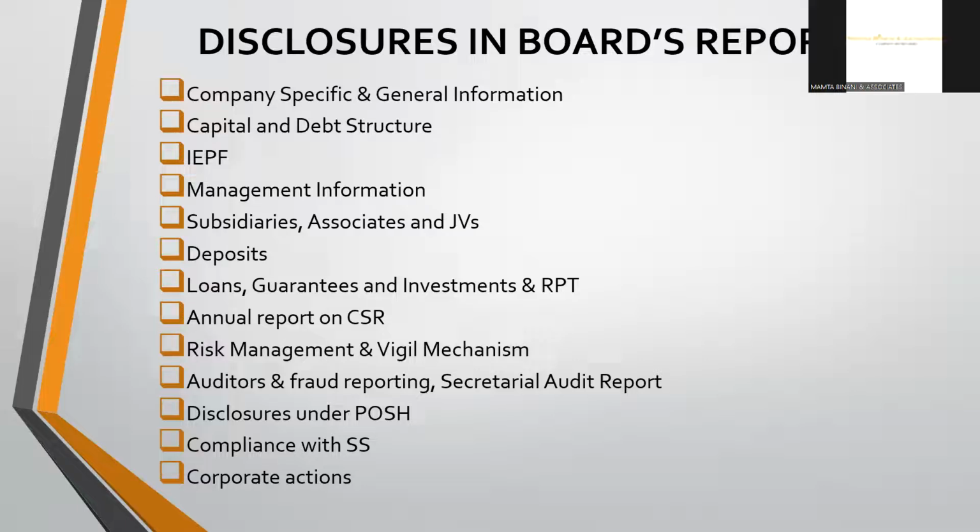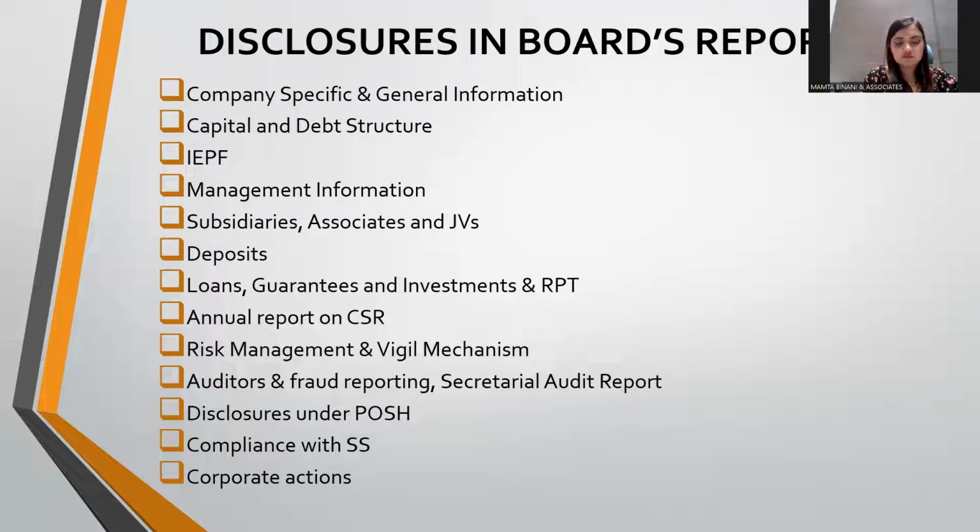Next is capital and debt structure. Now, suppose there is any increase in the authorized share capital, I must include that in my board's report. If there are details related to sweat equity issue or issue of ESOP, or if there is any reduction in my share capital, I must give all the details related to my share capital and debt structure in the board's report.